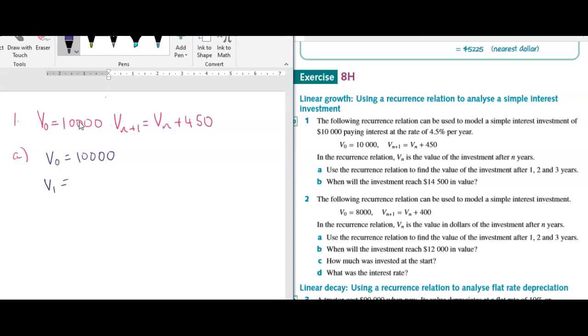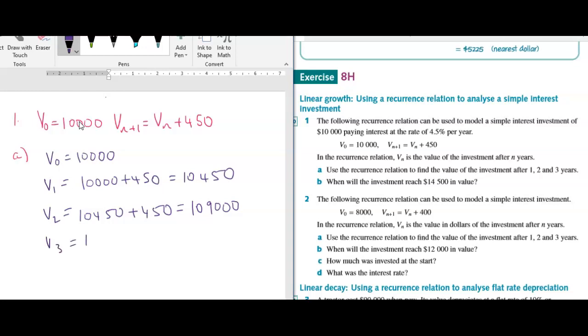So V0 is 10,000. V1 is the previous value plus 450, which is 10,450. V2, we take the previous value, 10,450, and we add 450. Remember we're adding 450 each time. So now I'm going to get 10,900. And we've got to find the next one, V3.